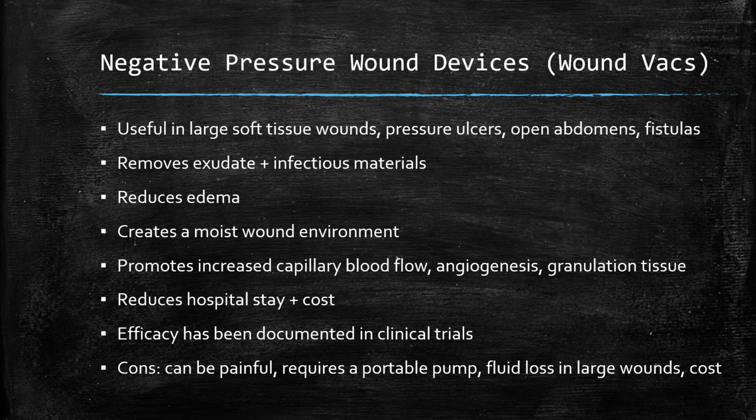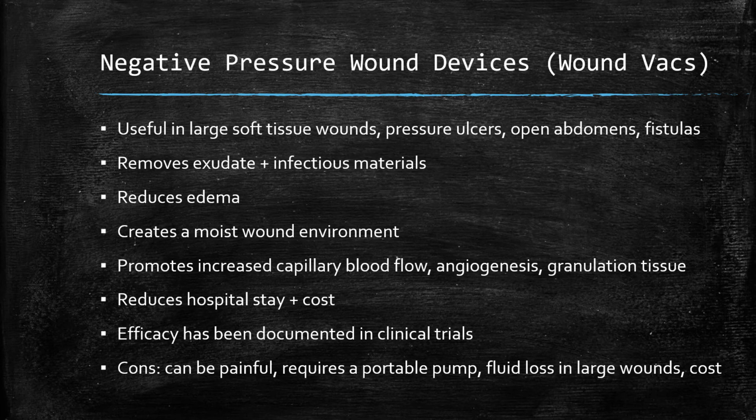Wound vacs perform many valuable wound care functions. They facilitate removing exudate and infectious materials. They reduce edema. They create a moist wound environment. And they promote increased capillary blood flow, angiogenesis, and the formation of granulation tissue.